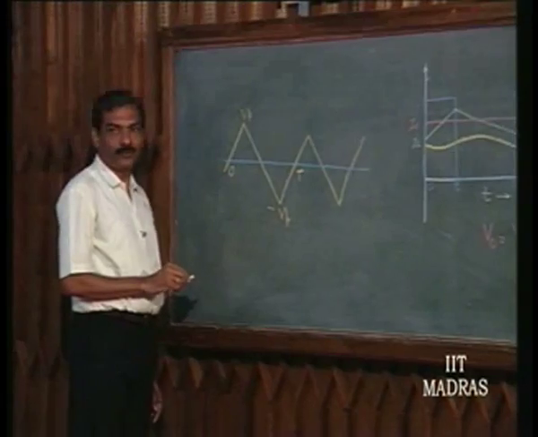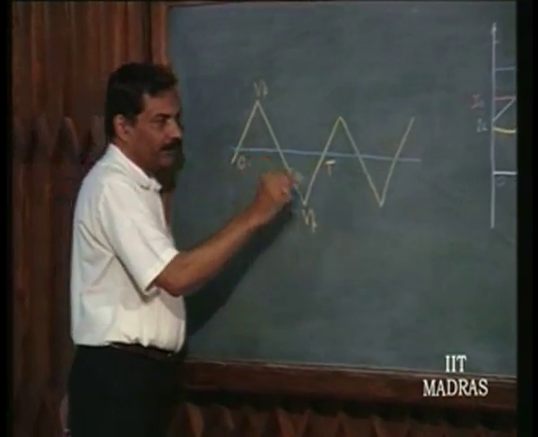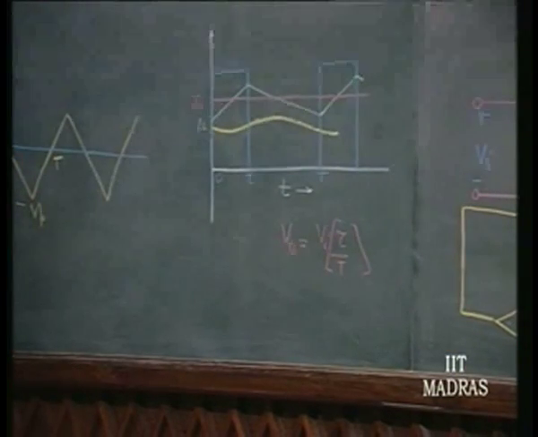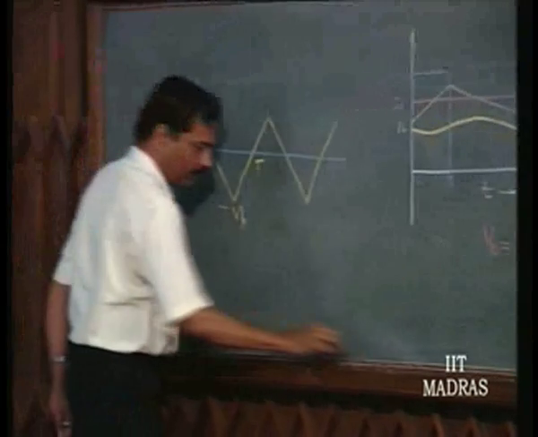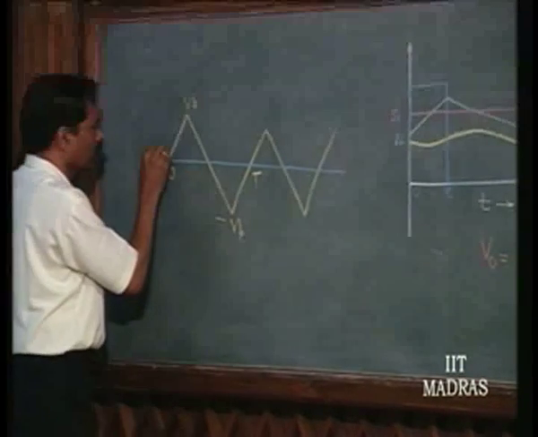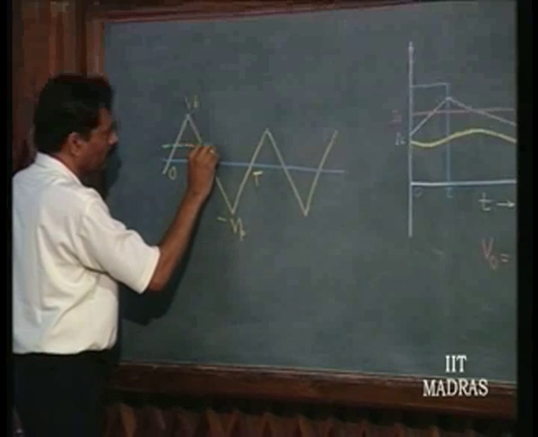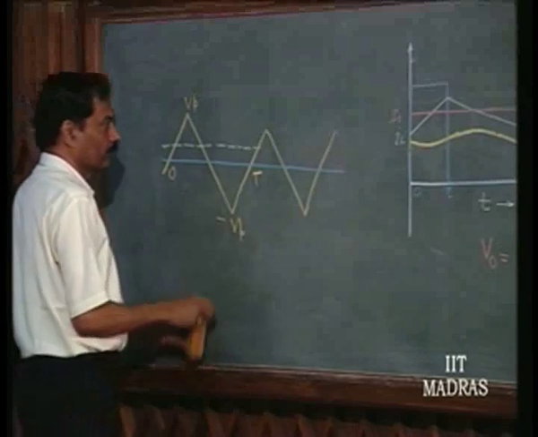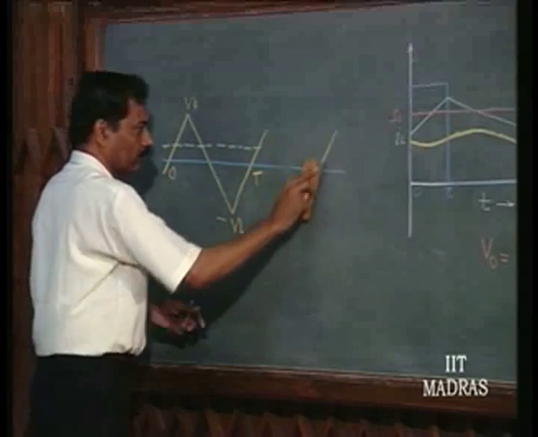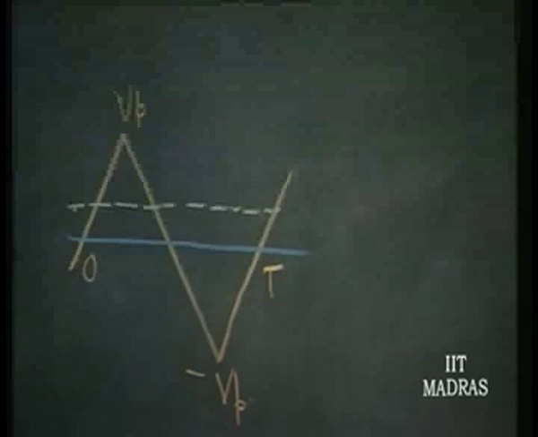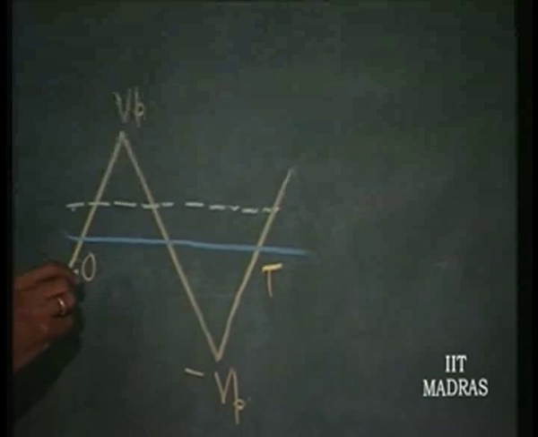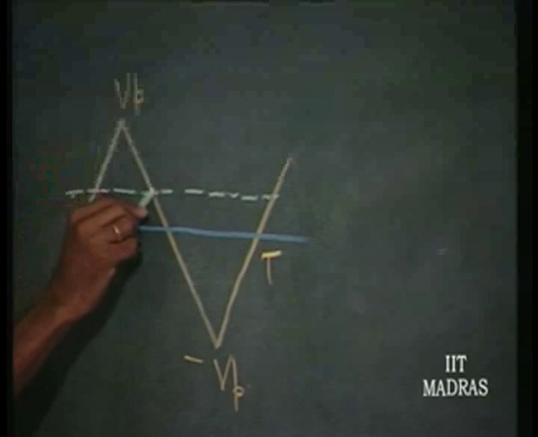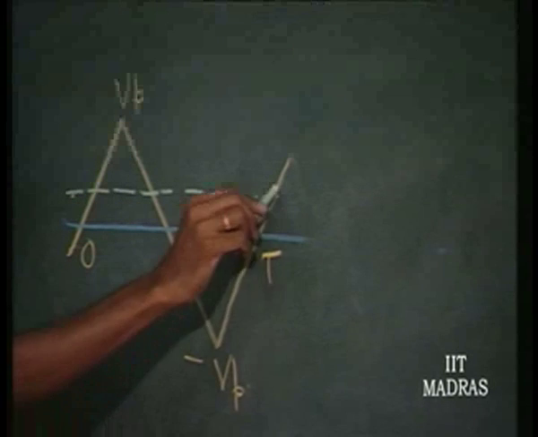If this is connected to ground and you apply a triangular wave, the output is going to be a square wave. So, if this voltage with which it is compared is not 0, but something finite, let us say it is this, what is it going to be now? It is going to be in the high state during this period. It will go to low state during this period.